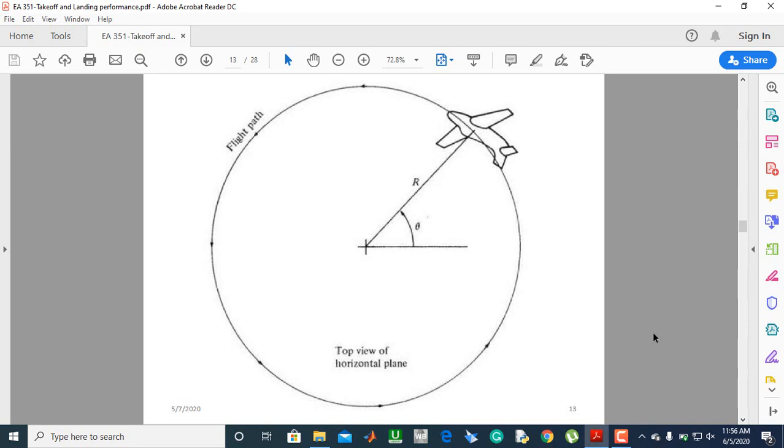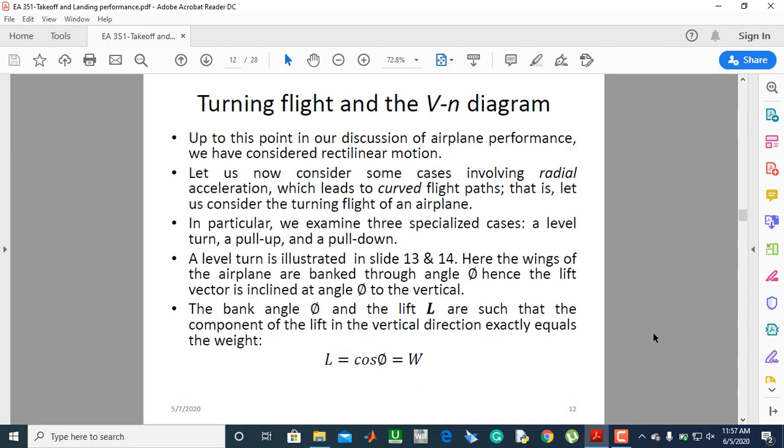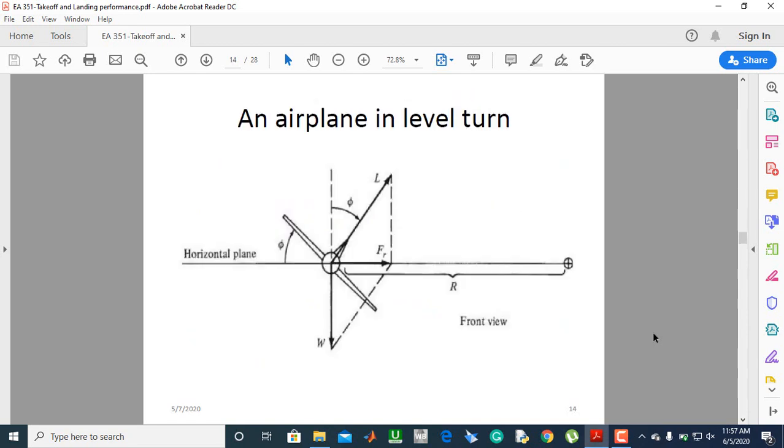The pilot might be instructed to fly around before they process his permission to land. So now, in such a flight scenario, what are the forces that will be acting in a level turn?